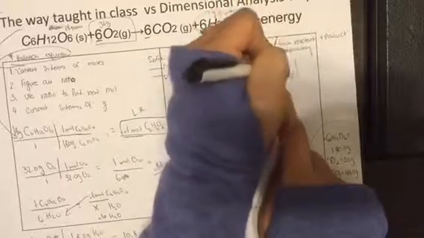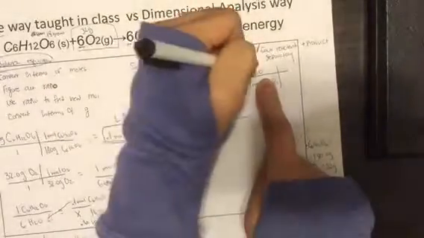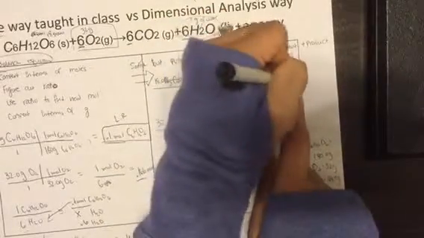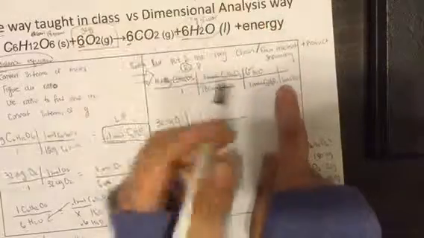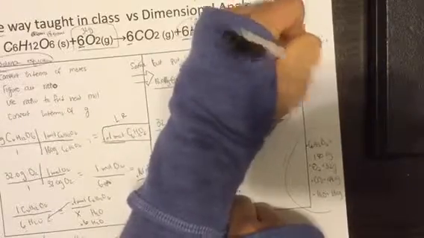Then I say, the only thing that's left over now is water. So then I come down here, oops, it's mole. Then I come down here and I say, typically when I have 1 mole of water, how many grams of this do I have? I have 18 grams of water.